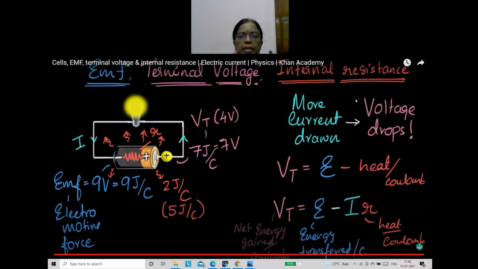Srirag, what is the relation between terminal voltage, EMF and internal resistance? Sagar, what is the relation? Jnanapragasham, what is the relation? V_T is equal to E minus IR. IR, okay.